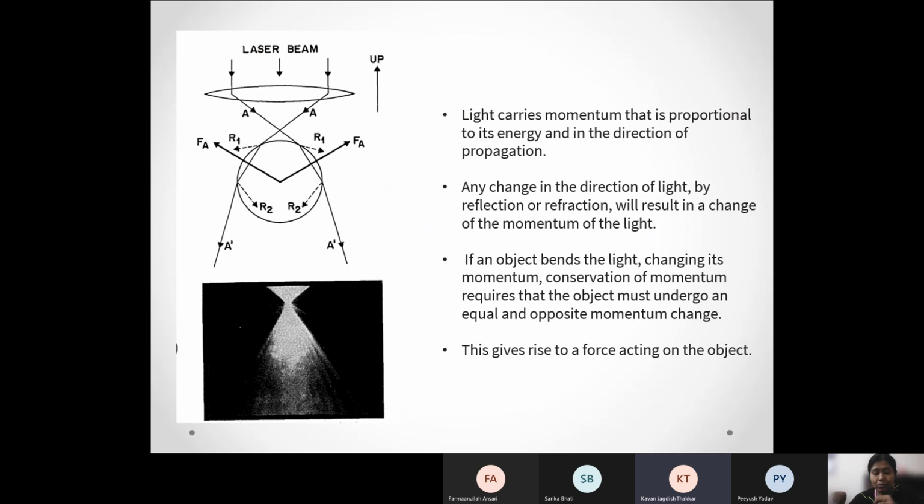But because you have this Gaussian profile, whenever the bead goes off, because of the balance of forces, it's always brought back. Another thing that we have seen is that the bead itself is a dielectric. So it gets caught up in this electromagnetic radiation, much like a flag gets caught in wind.